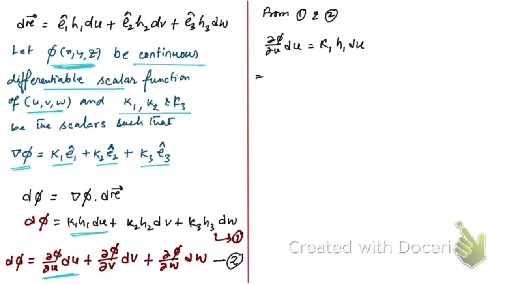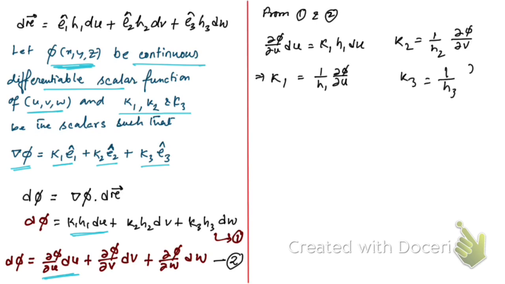Okay, and from here we're going to have k1 is equal to 1 by h1 del u of phi, right? Similarly, we can obtain k2 is equal to 1 by h2 del v of phi, and k3 is equal to 1 by h3 del w of phi, right? Hope you have understood this.